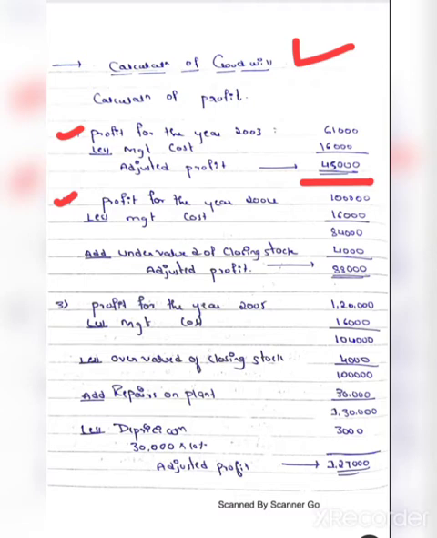Undervalued means it is a less of amount, but applying the rules, in this case you take it as an add, meaning consider it an add. So add undervalued closing stock rupees 4,000. Then the final answer, adjusted profit of 2004, is rupees 88,000.